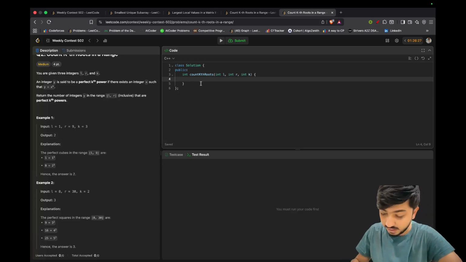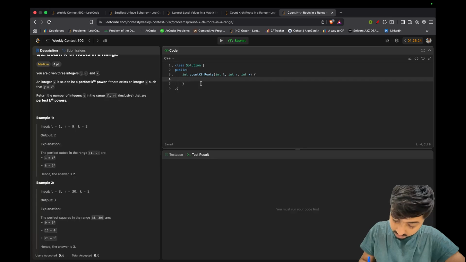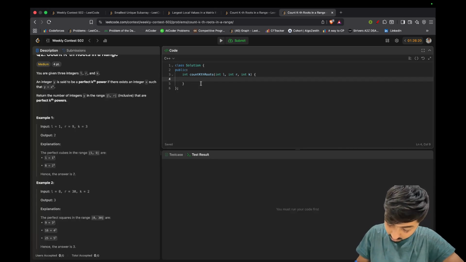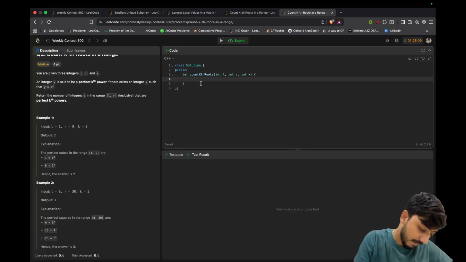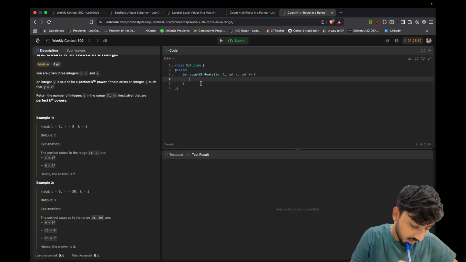So if I take log both the sides, log of x to the power k is greater than equal to log of L. So k log x is greater than equal to log L. So log x is equal to log L by k, right?